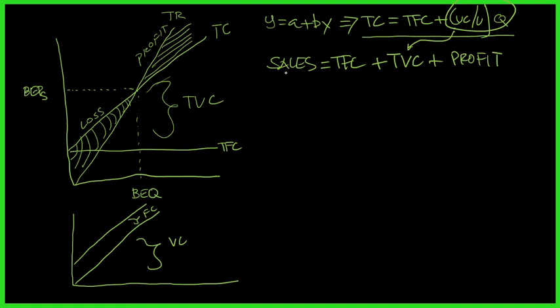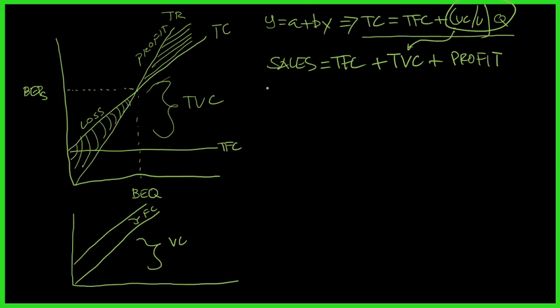For example, you want to simplify this, because in CVP, cost volume profit relationship, you want to simplify this to emphasize the effect of quantity or volume, no? Okay, so paano yun?